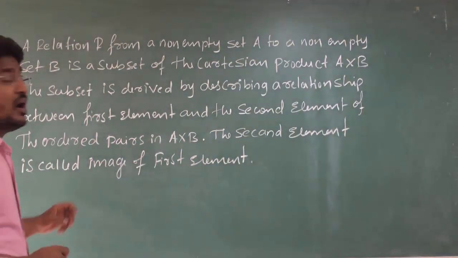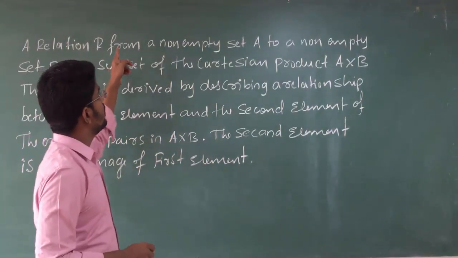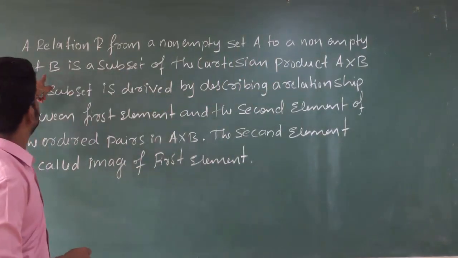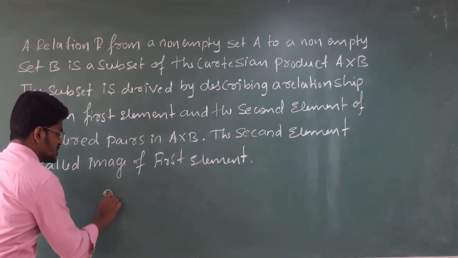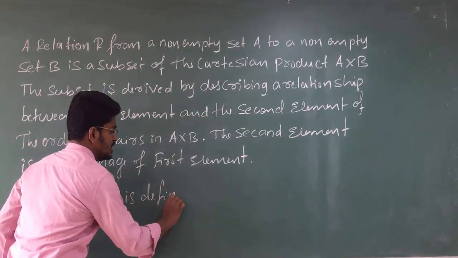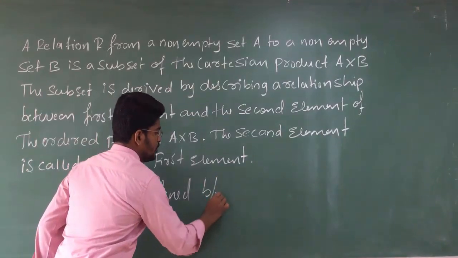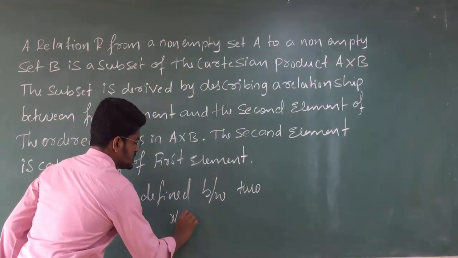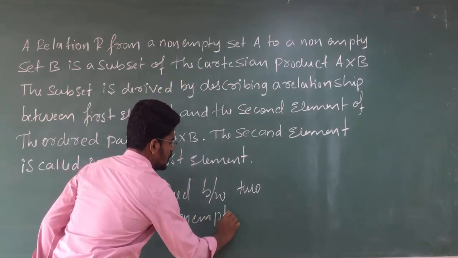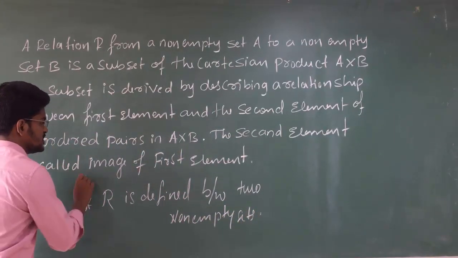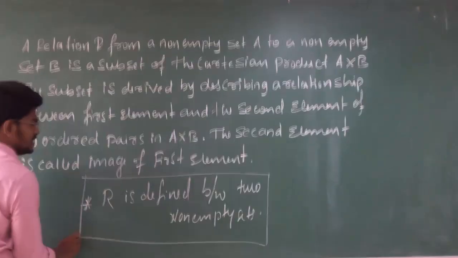That is, a relation R from a non-empty set A to non-empty set B. That means relation R is defined between two non-empty sets. This is very, very important. Clear? So this you must understand in the definition.